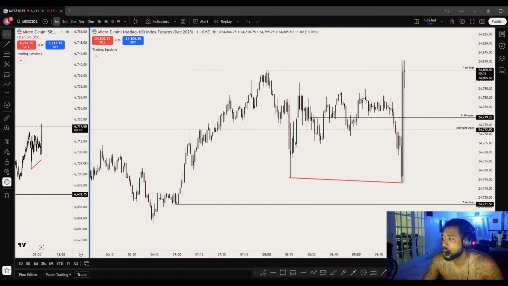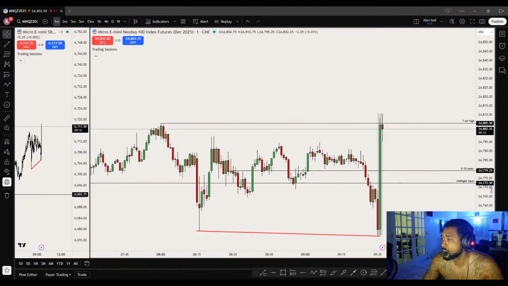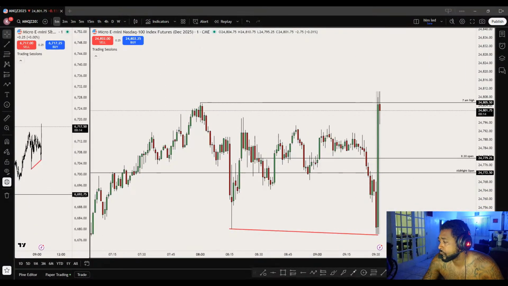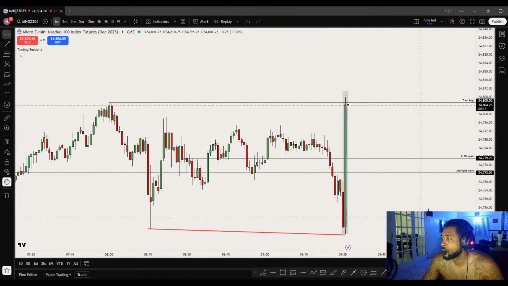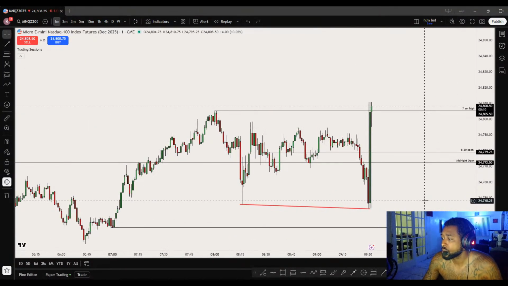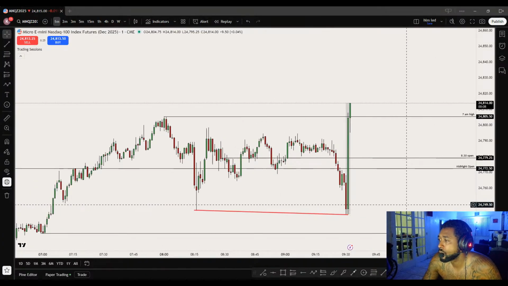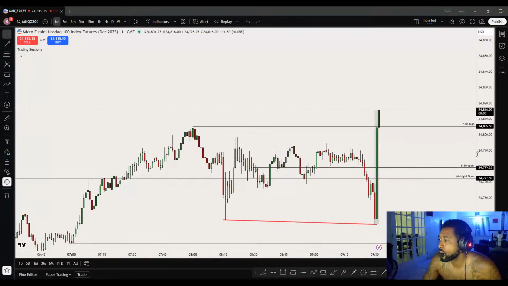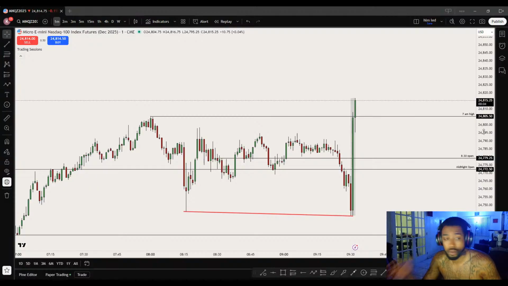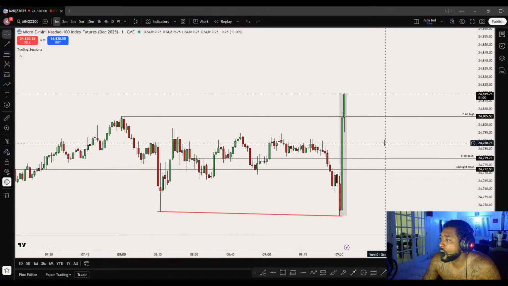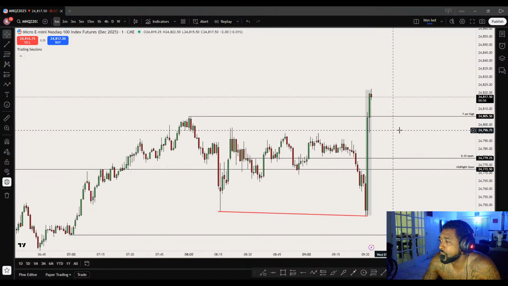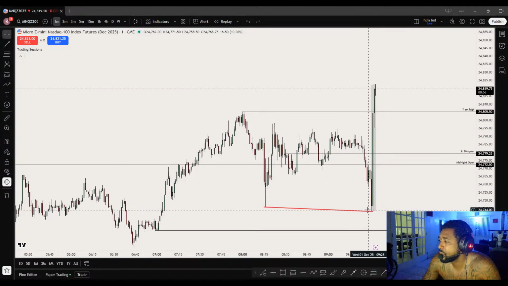All right, let's see if we get a continuation. We get a nice continuation. Displacing away. That was lovely. How many points is that?